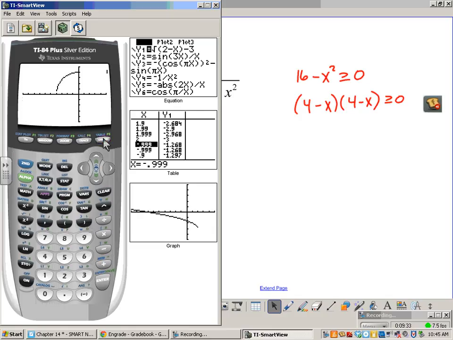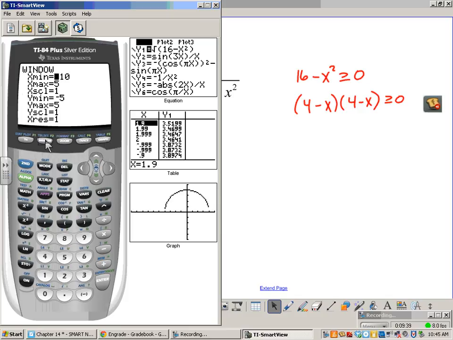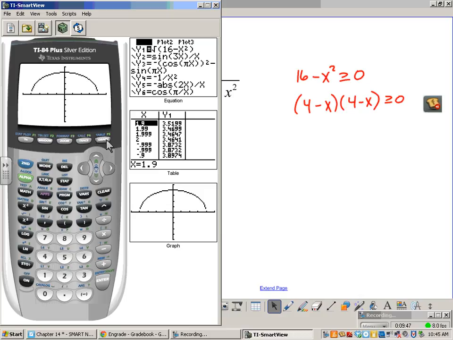Okay, I'm going to change my window to -5 and graph that. You see that your domain appears to be between -4 and 4 in this case.